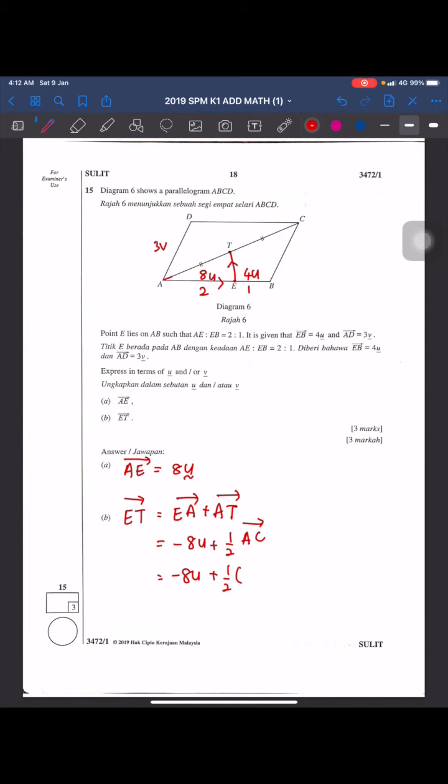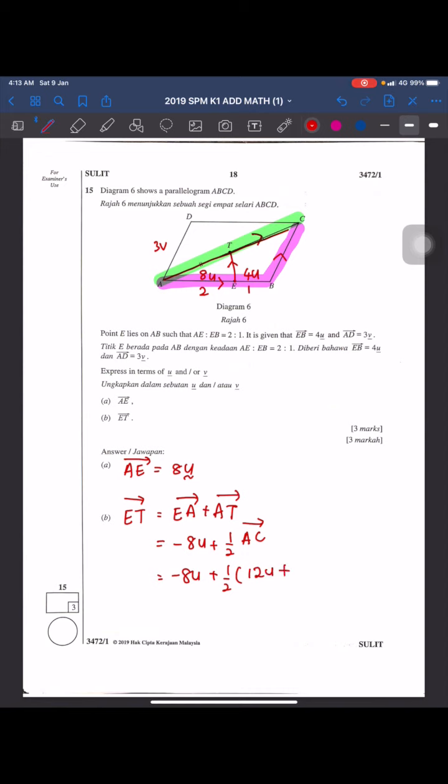So this is AC. Okay, so AC sebenarnya adalah, okay, AC, okay, adalah, okay, AB, BC. Okay, so AB is 8 plus 4, 12U.